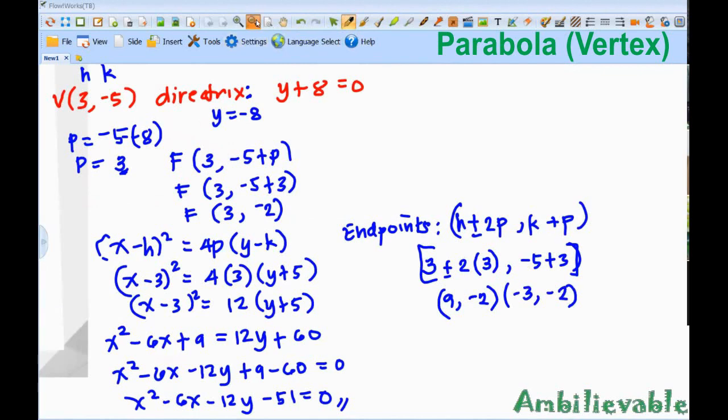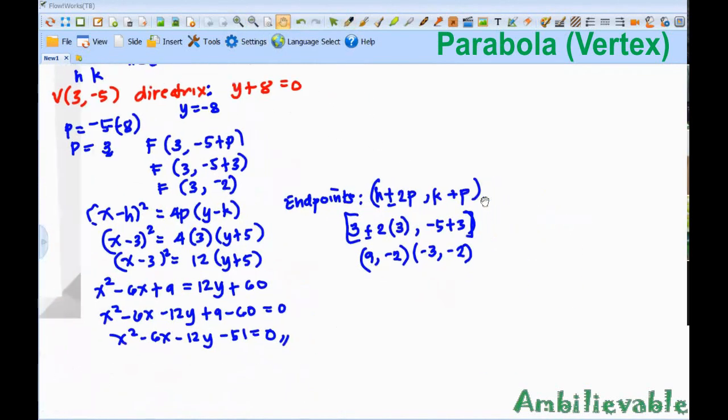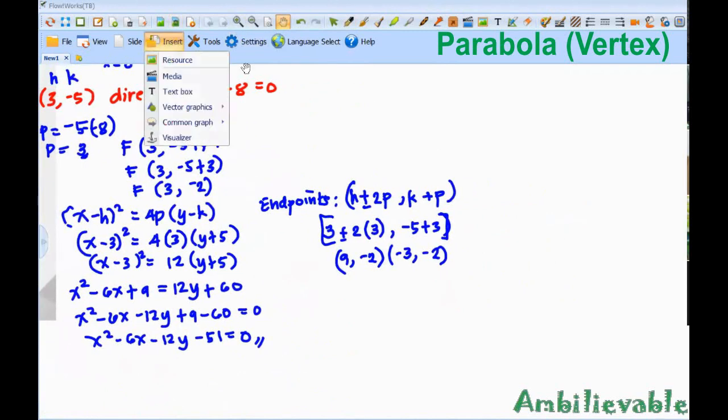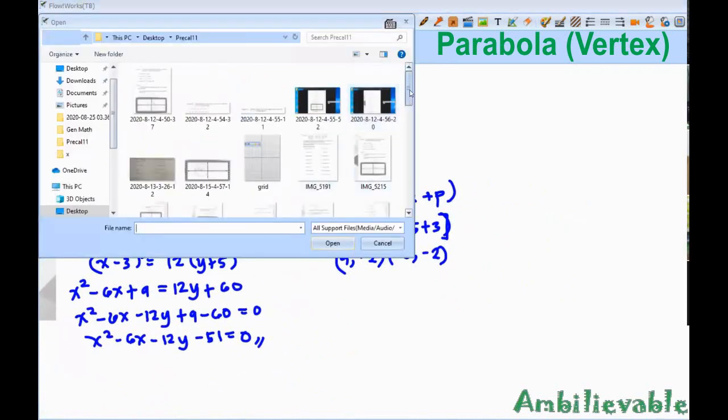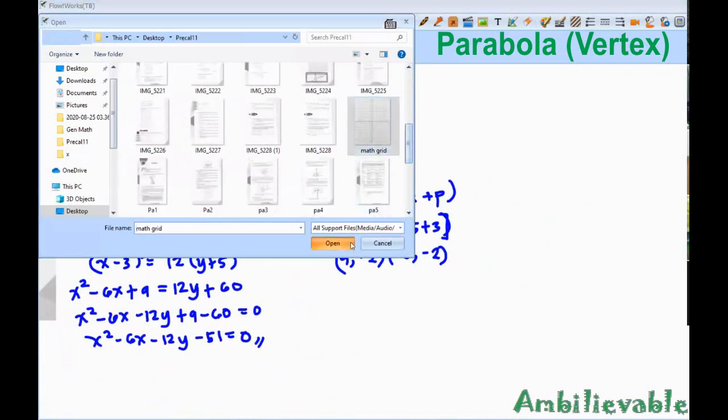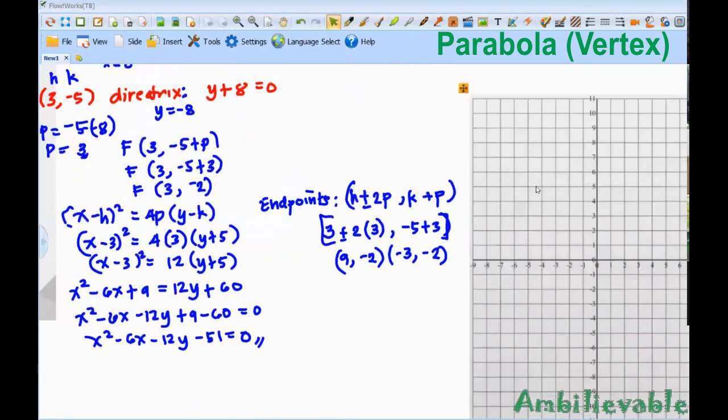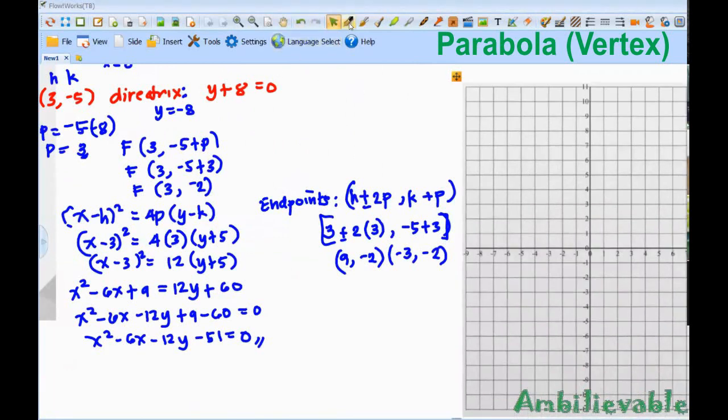Okay, so let us graph the parabola. The (h, k) is (3, -5), so (3, -5) is over here. And our focus is at (3, -2). This is the focus. It's above the vertex, so that's why it opens upward.